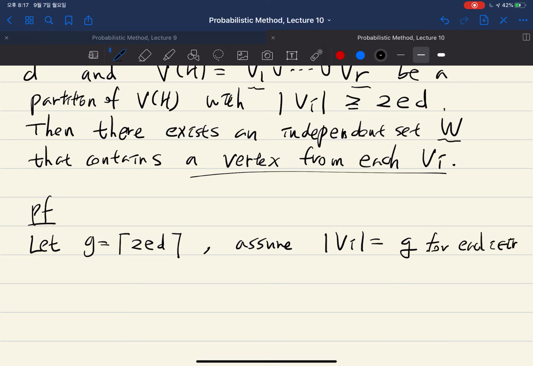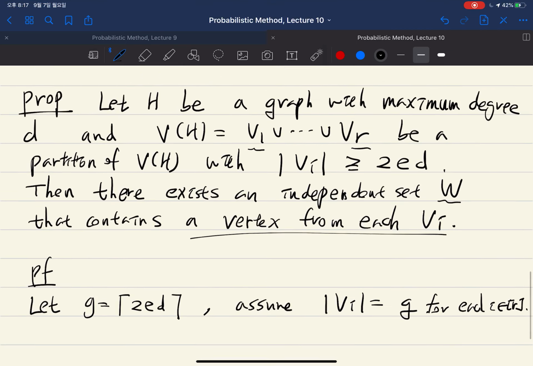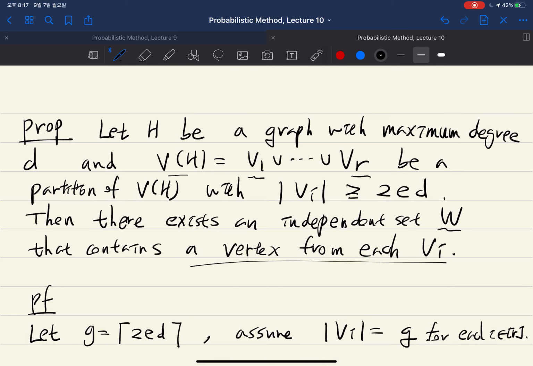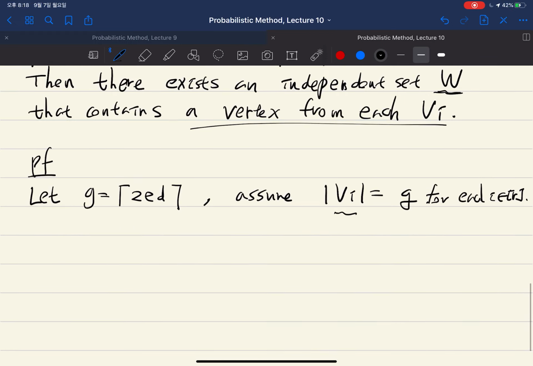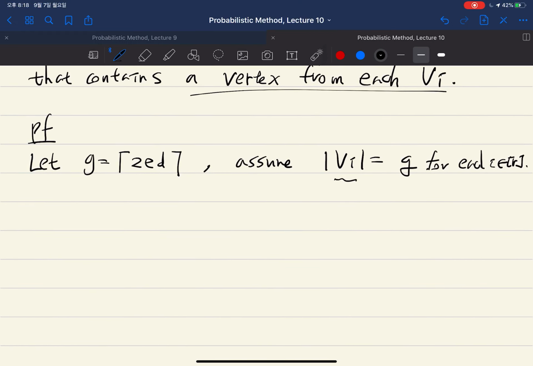If it has more vertices, we just delete them. And among the remaining vertices, if we find an independent set, then that's again an independent set in the original graph. If W intersects Vi after deletion, then it also intersects Vi before deletion. So this we can assume.